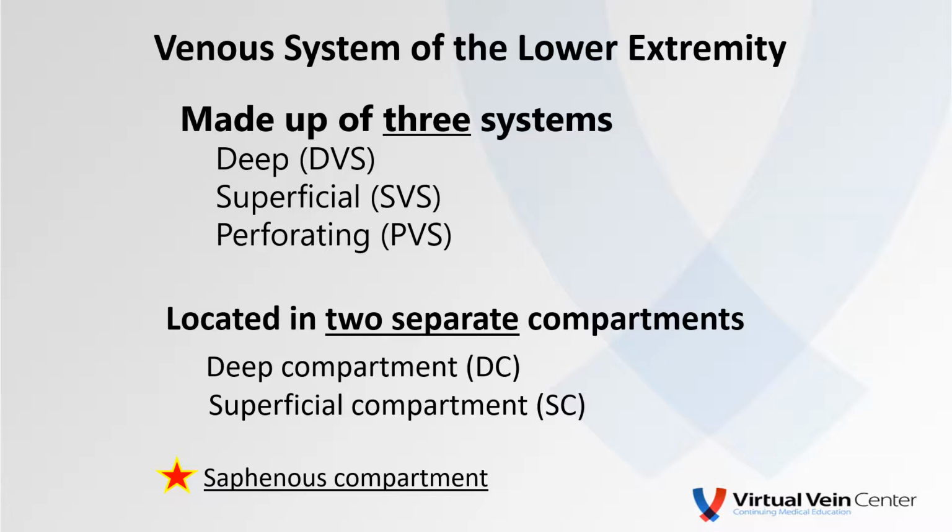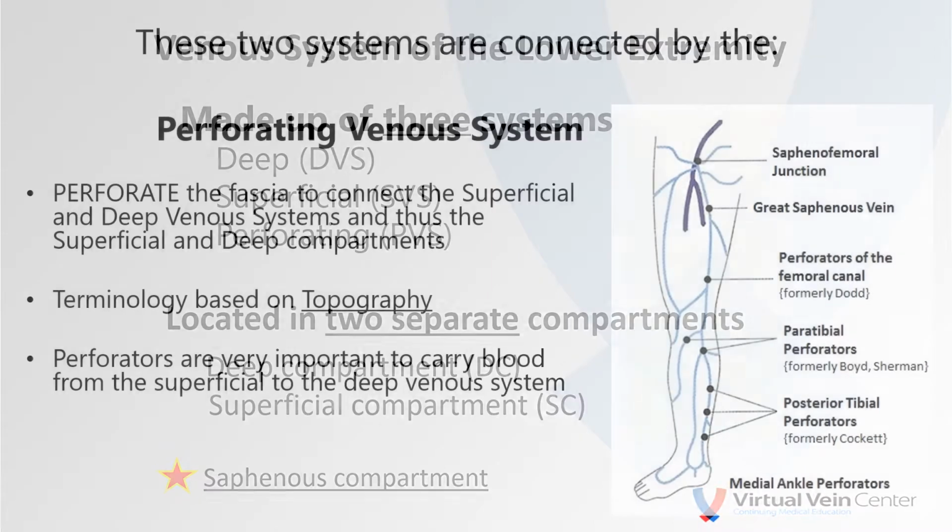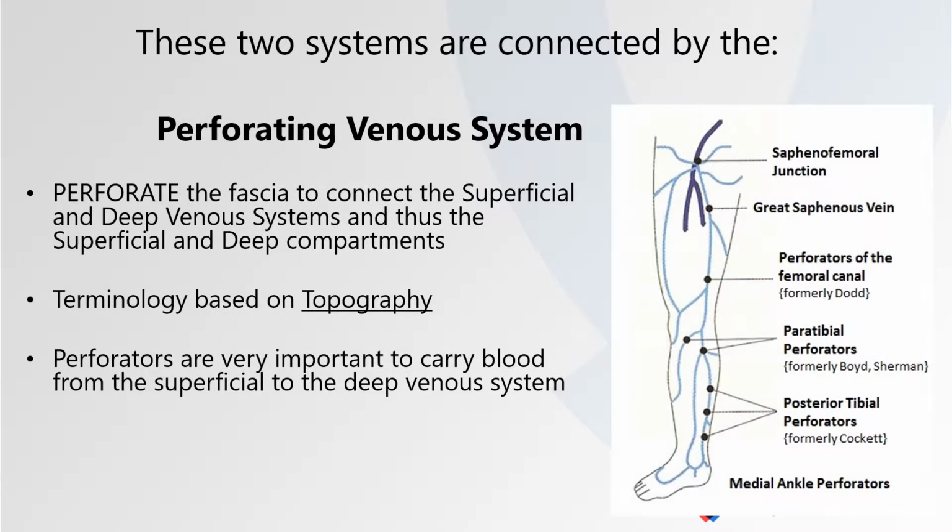Now, the systems are connected by the perforating venous system. So, the perforating venous system perforates that fascial layer to connect the superficial and deep venous systems, and thus also connect the superficial and deep compartments.